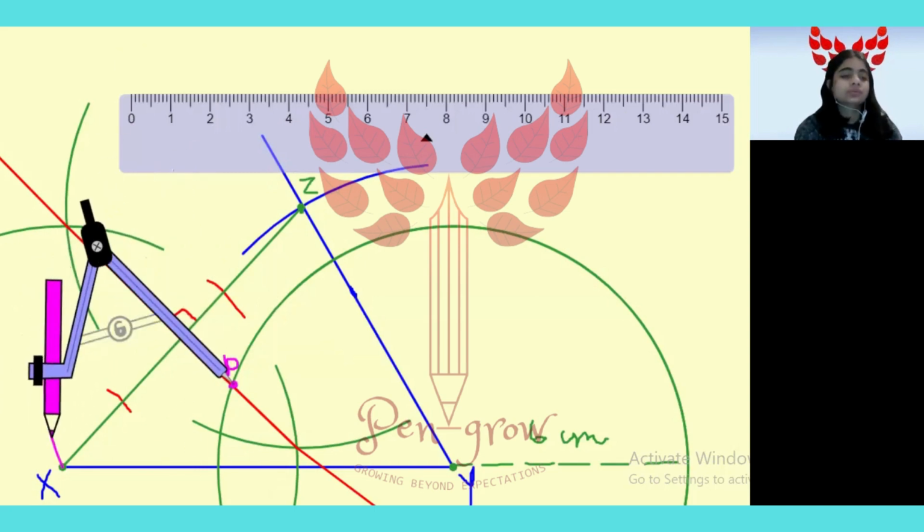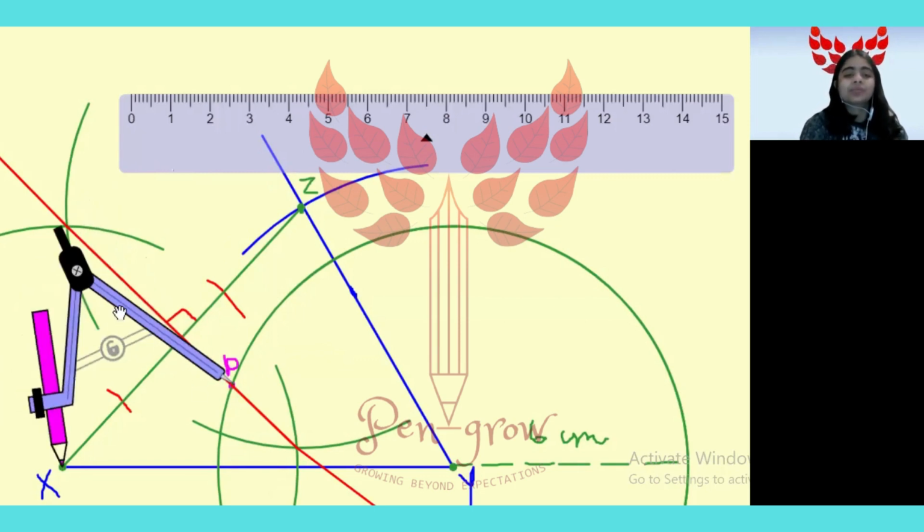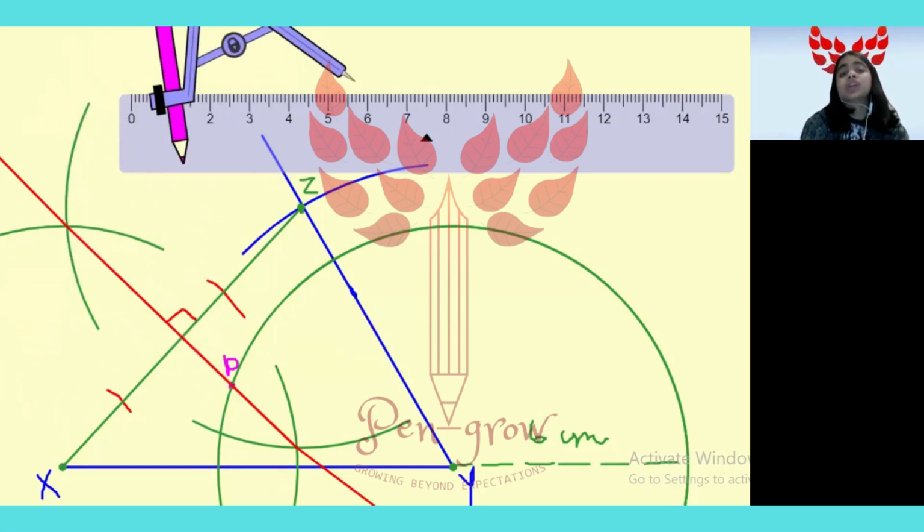Oh, I didn't have to make an arc. Definitely not. Okay, I'll lock it and I'll check it.